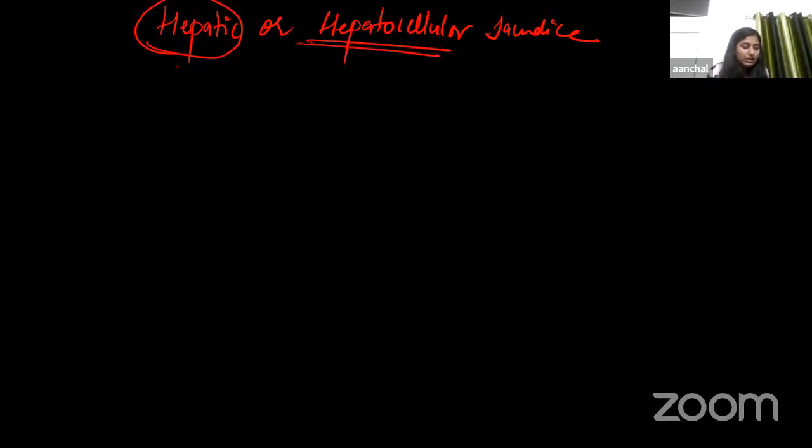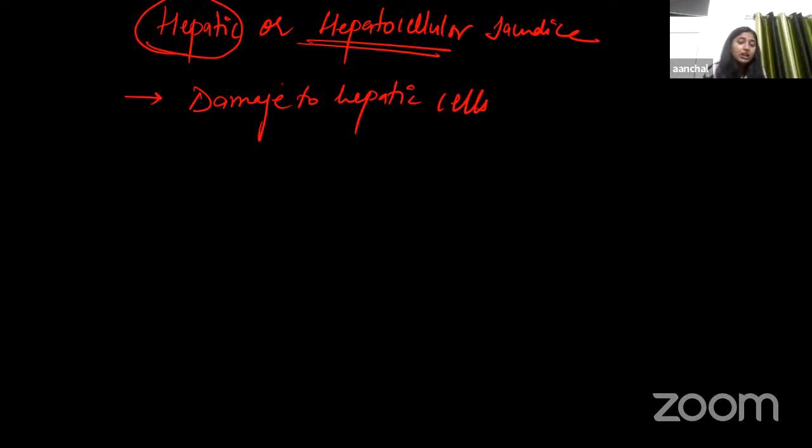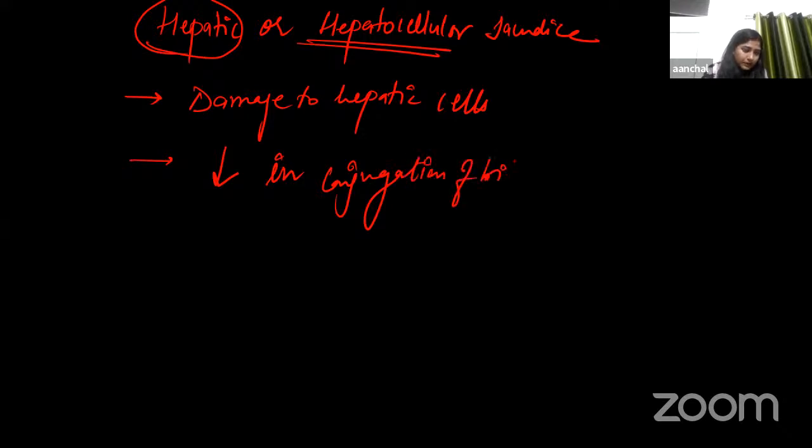So this type of jaundice occurs whenever there is damage to hepatic cells. And because of the damage, the conjugation of the bilirubin gets decreased. As we know, the site of the conjugation of the bilirubin is liver. So here there will be decrease in the conjugation of bilirubin, right?